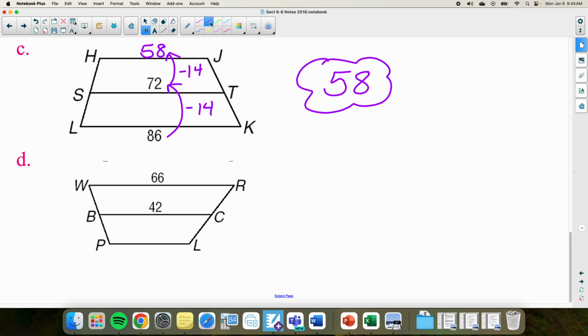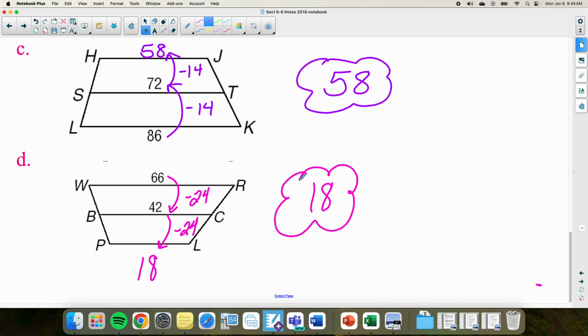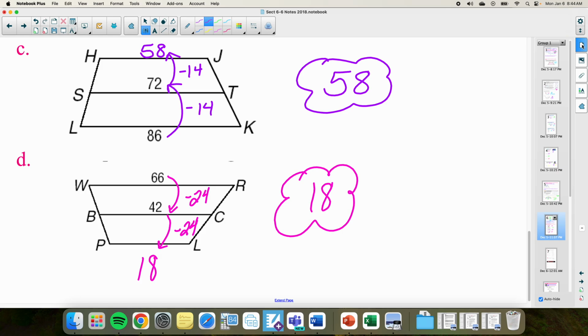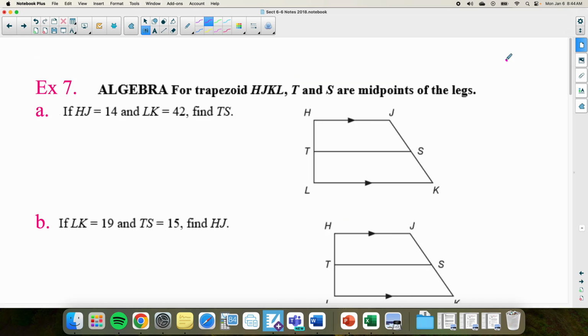And then if we look at this bottom one, again, you start at the base. So you look at 66 to 42, again, we're going down, so we're subtracting, and we're subtracting 24. So I have to subtract 24 again, and this is 18. Okay. All right.